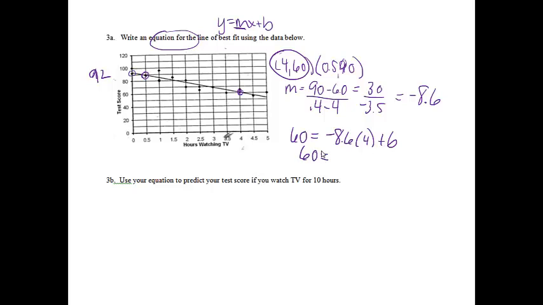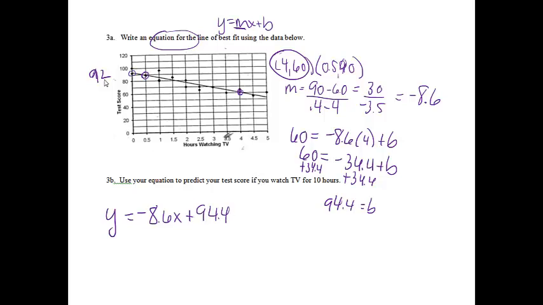So now I'm going to have 60 equals negative 34.4 plus b. Then I'll add 34.4 to both sides, and that will give me 94.4 as my b value. So notice we got pretty close to that. So now my equation is going to be y equals negative 8.6x plus 94.4. And if you use the 92, that would be 100% fine as well.